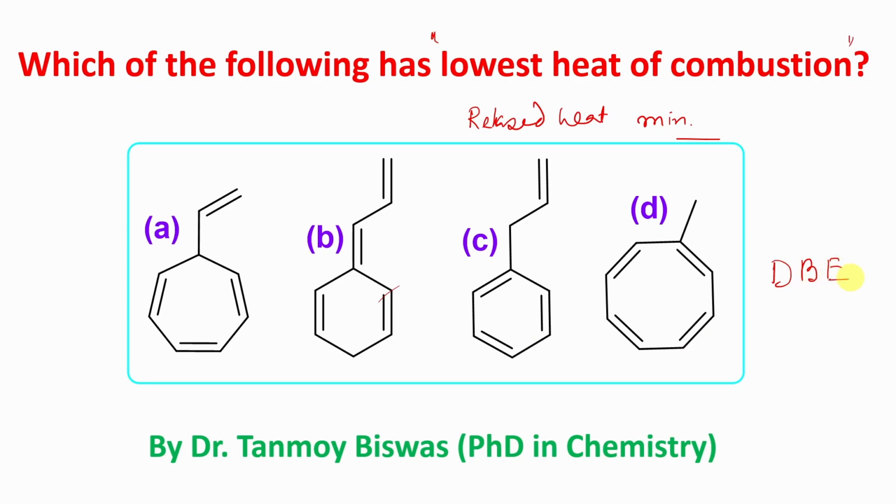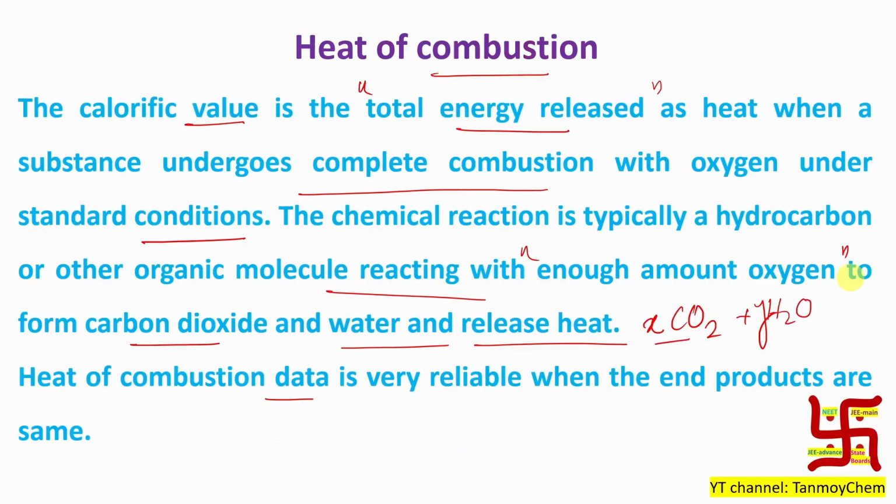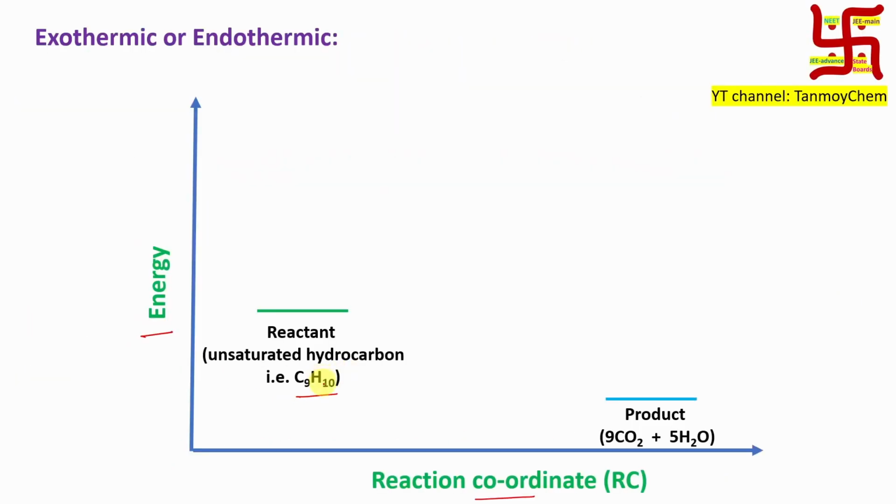Therefore their formula is the same: C9H10. If you allow this C9H10 to react with enough or excess oxygen, then the carbon will be converted to 9 carbon dioxide and the 10 hydrogen will produce 5 water molecules.